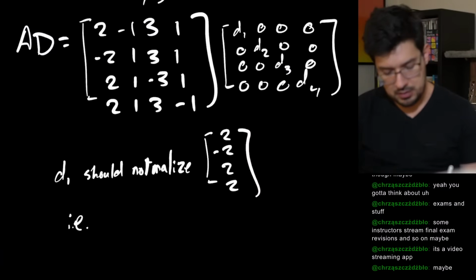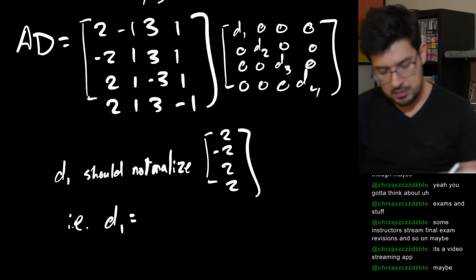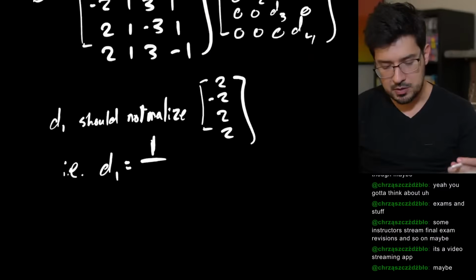I.e., d1 is going to be the scaling factor that we need to multiply by.